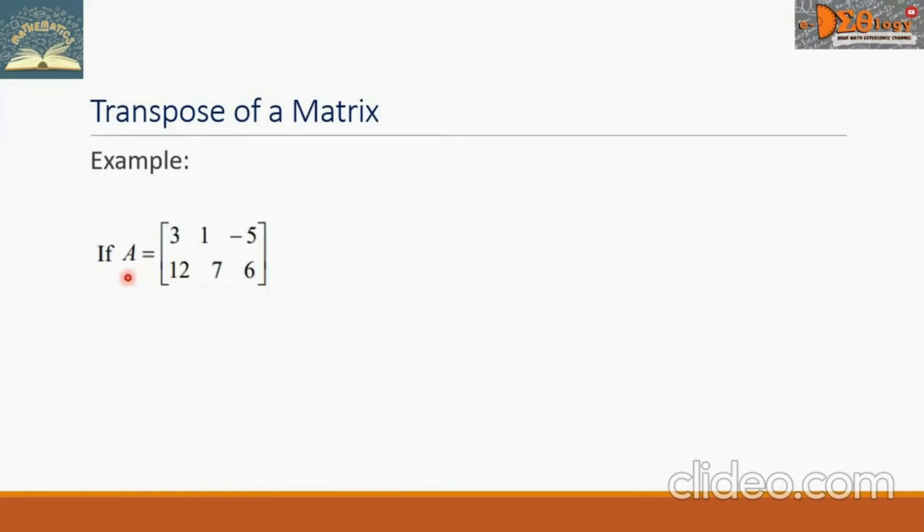Example, if matrix A has these elements 3, 1, -5, 12, 7, 6 respectively, we can see that this is a 2 by 3 matrix. Then the A transpose is equal to this matrix.